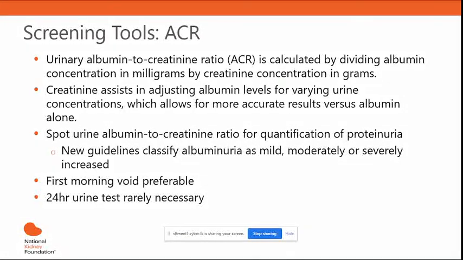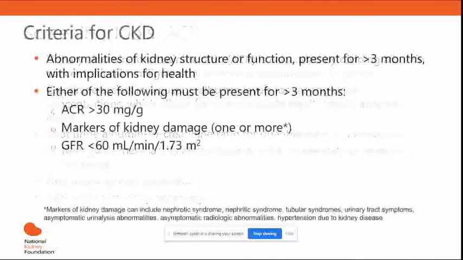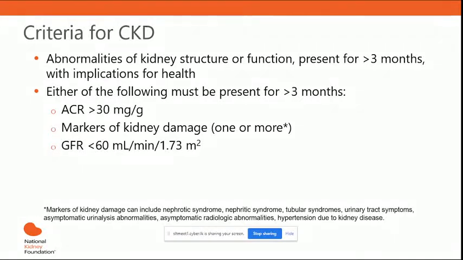Therefore, 24-hour urinary testing is not necessary, because doing a 24-hour urine collection is a cumbersome procedure. So by doing a spot urine albumin to creatinine ratio, we can detect chronic kidney disease. When you have the urine albumin to creatinine ratio and the estimated GFR, we can categorize them into what level of CKD they are in.